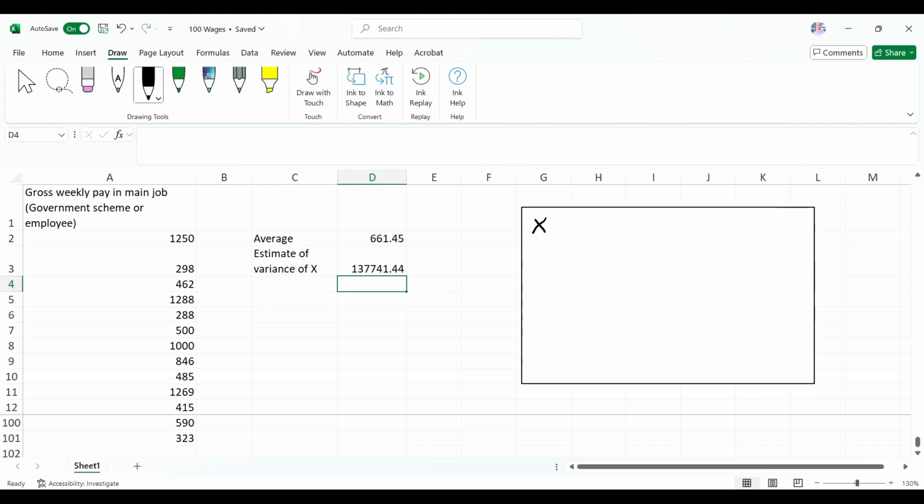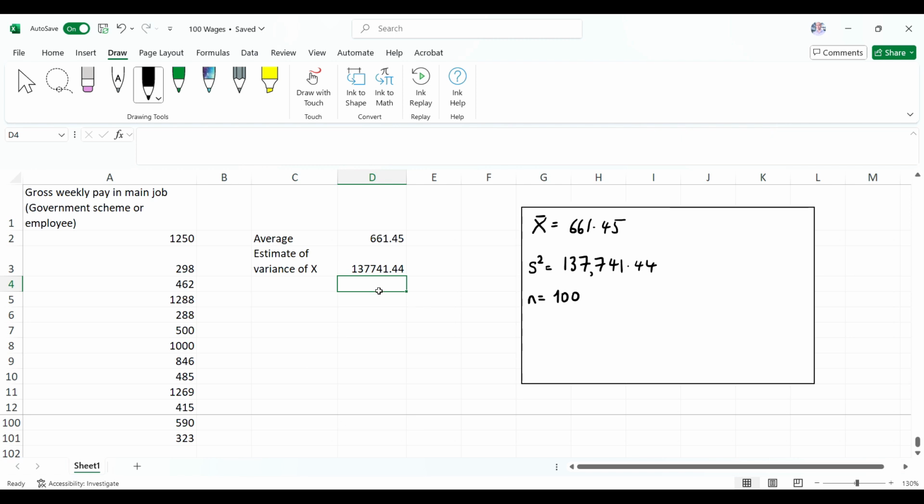So let's write down our key data. Our sample mean is equal to 661.45. Our estimate of the variance is equal to 137,741.44. We also know that we've got 100 observations, so we can construct an estimate of the variance of the sample mean by dividing the estimate of the variance of x by the number of observations.